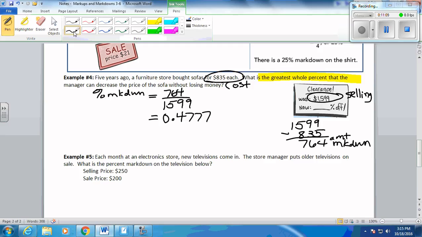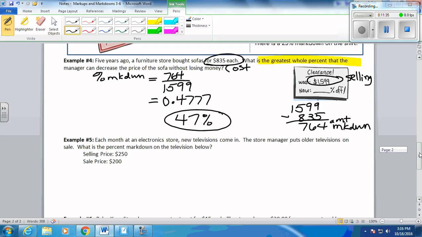Well, we have to be careful here, though. If he takes 48% off, he's actually going to be selling it for less than what he paid for it. So we can't round it up to 48. It will just stay at 47%, because if you go up to 48% off, it'll be too high. So the answer is technically 47% here. Kind of a trick question.